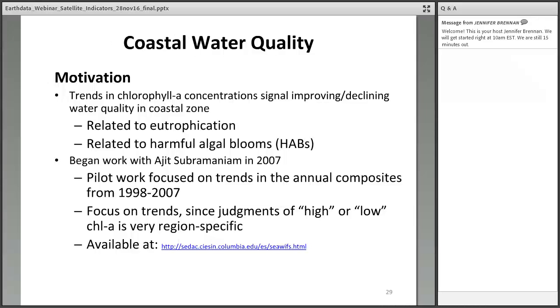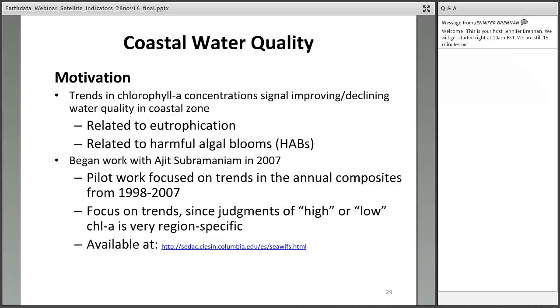And our interest, and what we're really looking for, is what kind of trends are there, and might those be associated with changes in urbanization or agricultural production, particularly nitrogen and phosphorus runoff coming from major rivers into the oceans, and can we detect trends that are happening in some of these coastal areas.